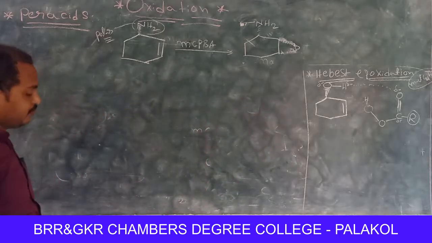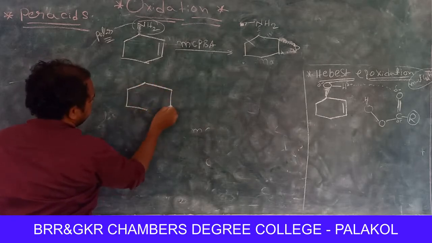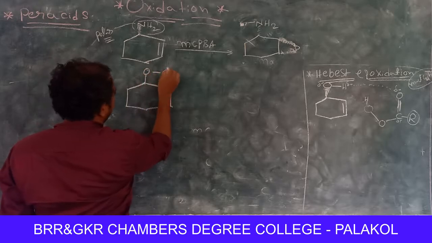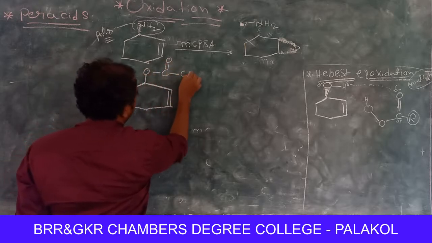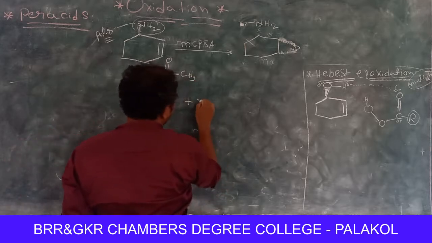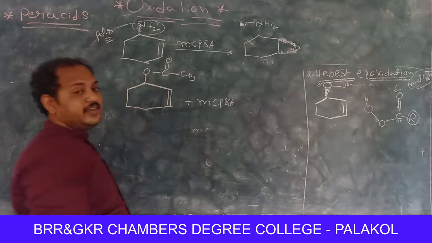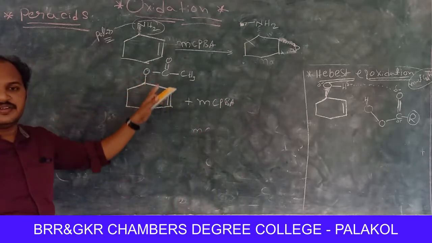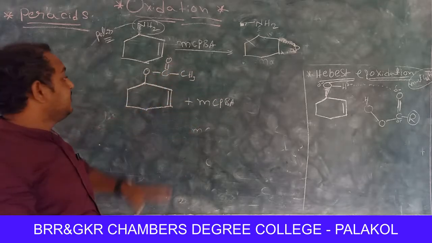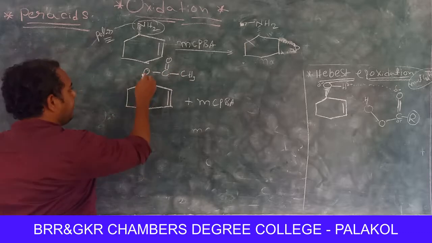And here I am writing one more example. Suppose I have a group like this, and I have some ester group here. So whenever I use MCPBA, remember, this is not a polar group.